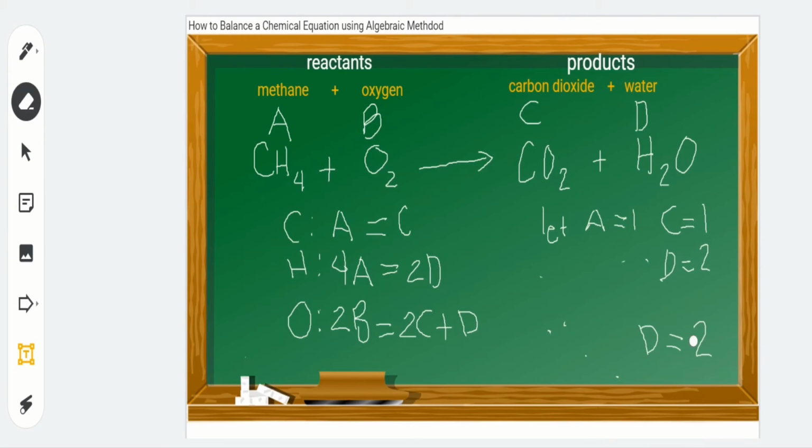Now, ang problema na lang ay si B. Ano kaya ang value ni B? So, titingnan natin dito sa equation natin. Ito lang yung pwede natin gamitin na equation.